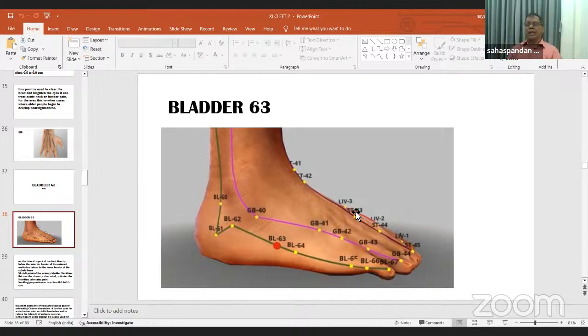So when you are practicing in your clinic, bladder 63 is also used for hyperactive disorder in a person or any kids, that is ADD and ADHD. ADD is attention deficit disorder, and ADHD is attention deficit hyperactivity disorder.